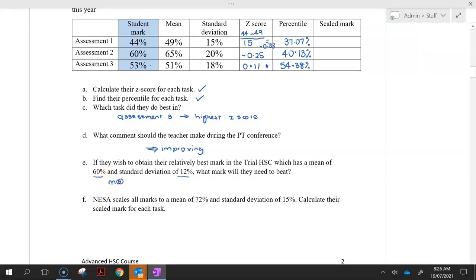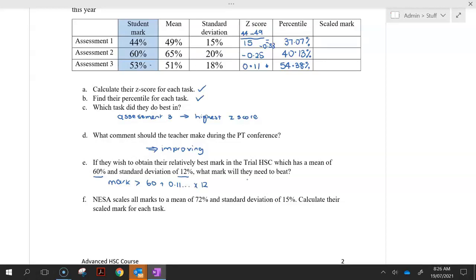Well, their mark needs to be greater than 60 plus the Z-score times the standard deviation, because remember, the Z-score is how many standard deviations you are above the mean. So we'll go 60 plus 1/9, I'm going exactly.